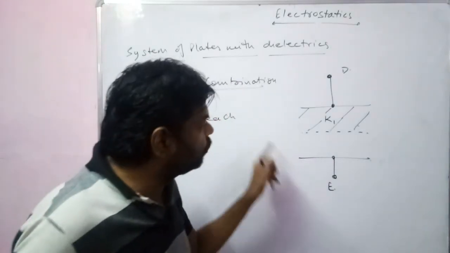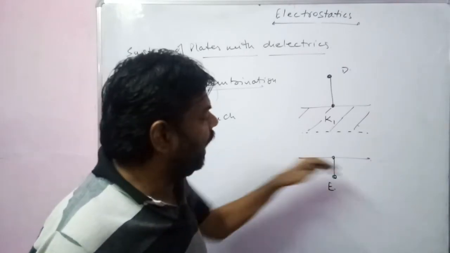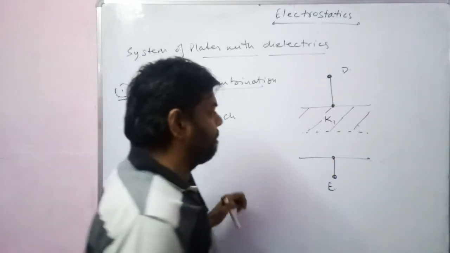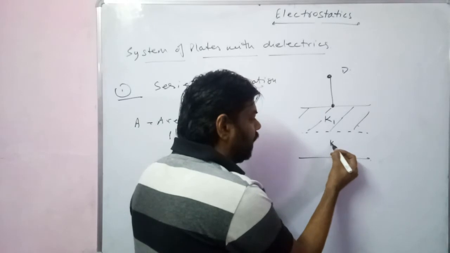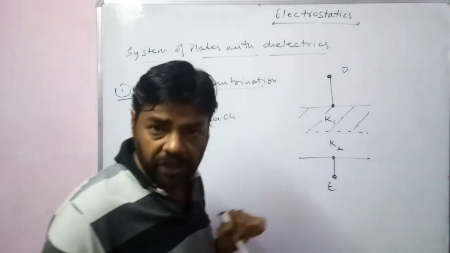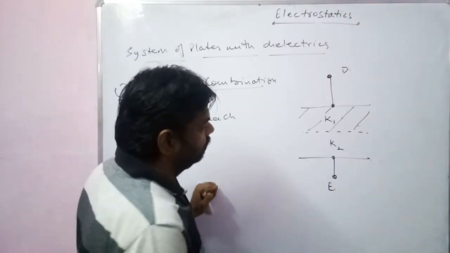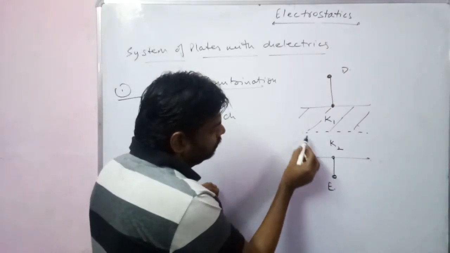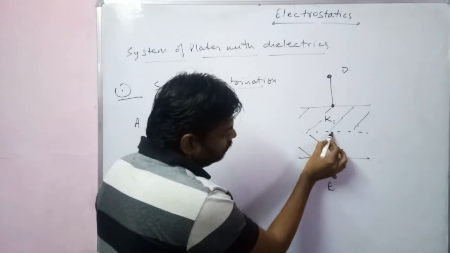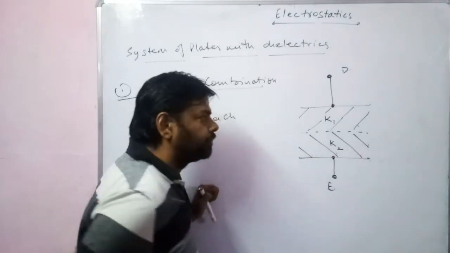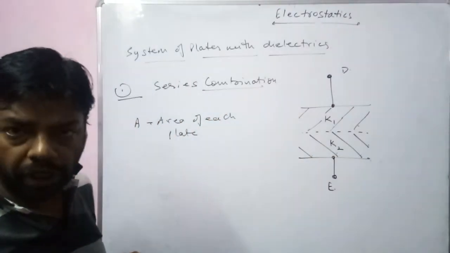And the space between this dotted line and this lower plate is filled with another dielectric substance whose dielectric constant is K. This way. Okay?